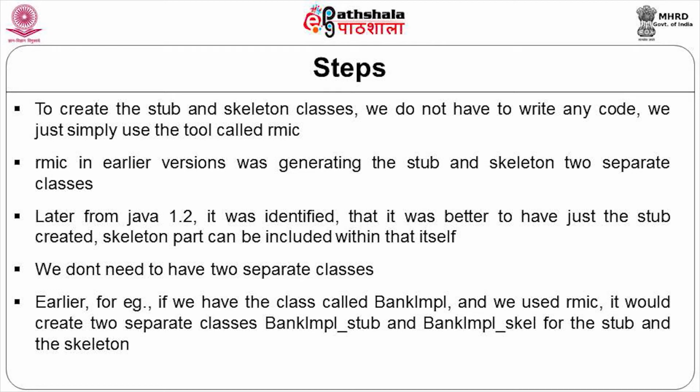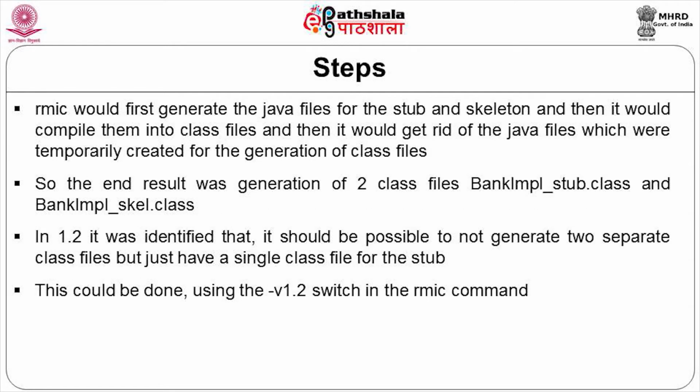So earlier, for example, if we had a class called BankImpl and ran RMIC, it would create two class files from it. It would derive them from the BankImpl class file by first generating the Java files, then compiling them to get the class files, and then getting rid of the temporarily created Java files.